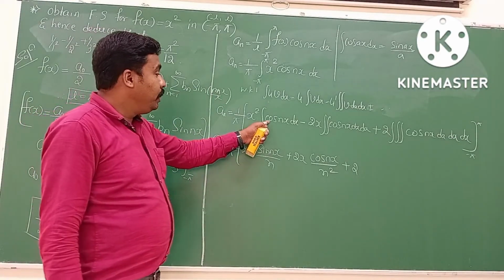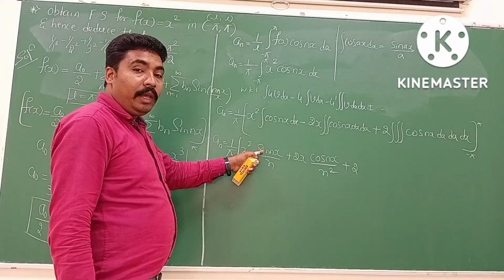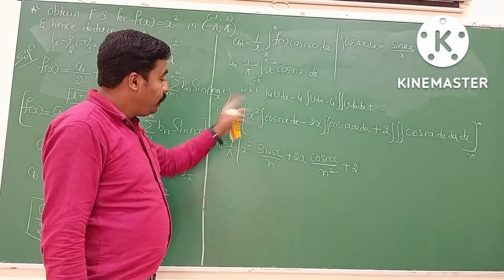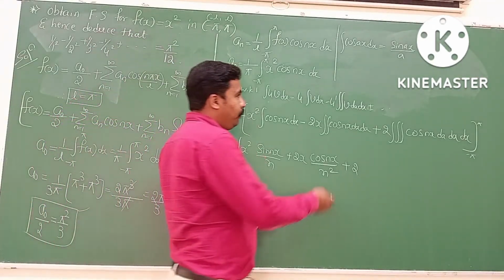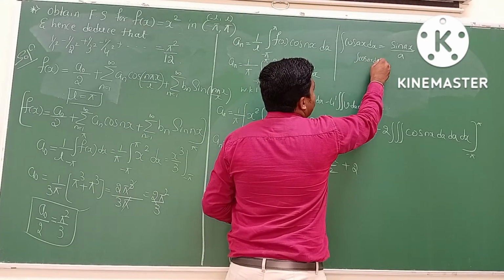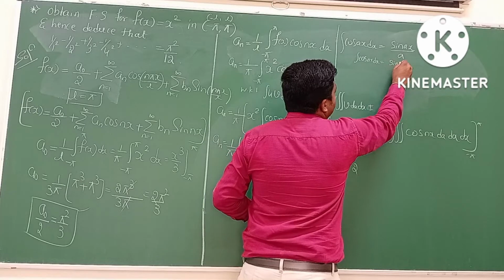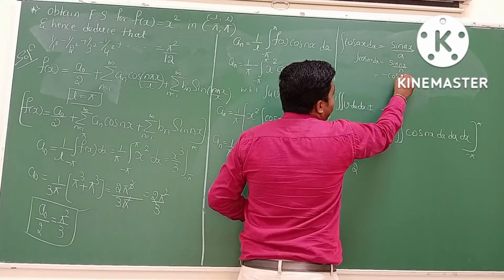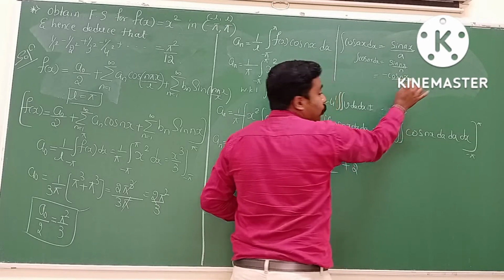See, one time integration of cos is sin nx by n. The second time, if you have any confusion, you write like this: cos nx integration is sin nx by n. Its integration is minus cos nx by n square.